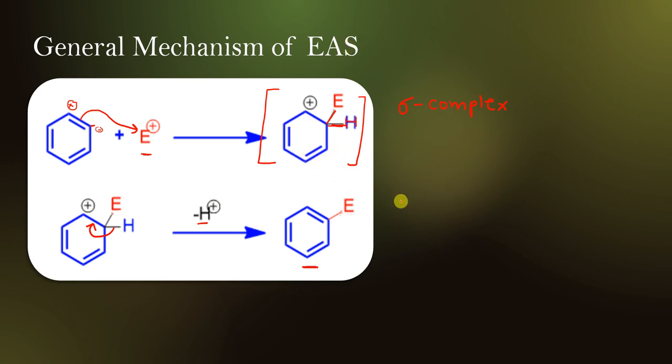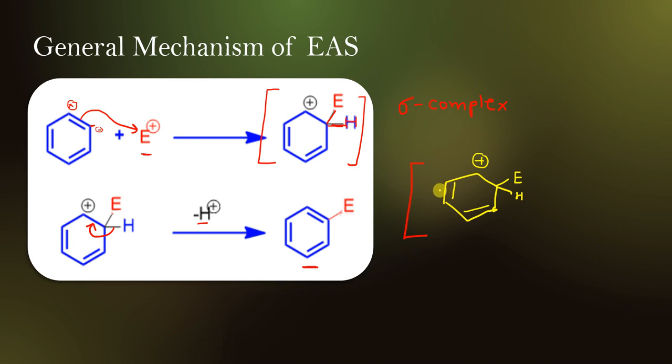For this sigma complex which we have written here, we can write three resonating structures, which we will write here. The first structure I am writing as such. We have two double bonds in the ring, a positive charge on one carbon, the electrophile E, and H attached to the other carbon.